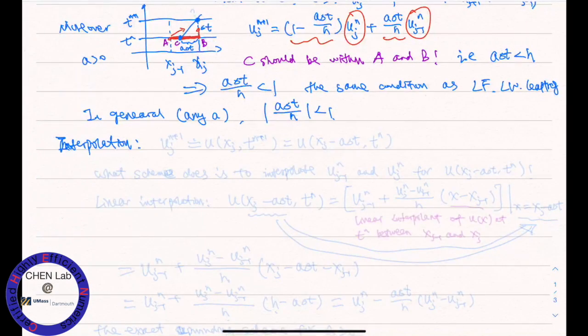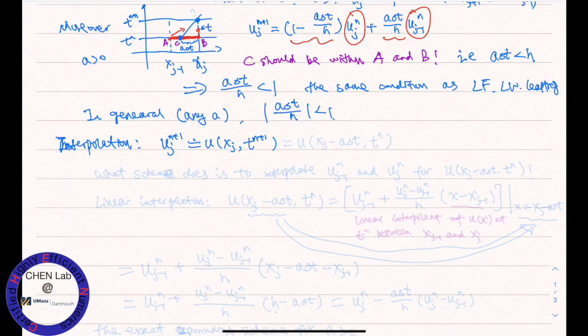The same picture we just drew. What we have is that we want Uj^(m+1). This is an approximation to the exact solution U at xj, t_(m+1).